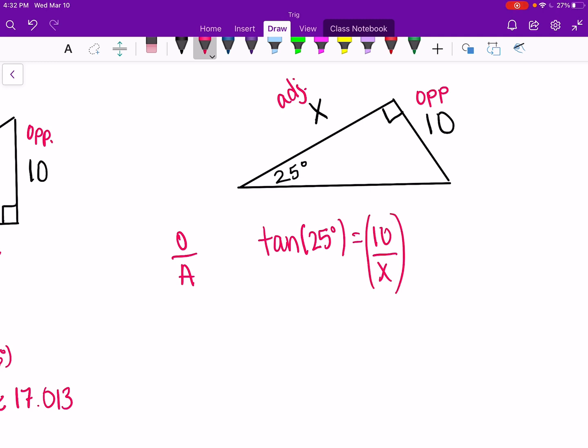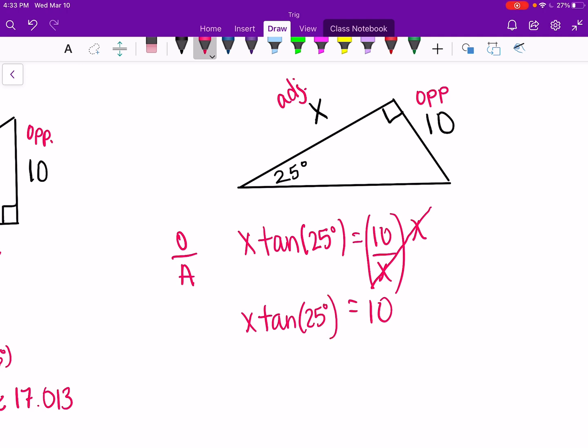Again, to get rid of the x in my denominator, I need to multiply by x on both sides. X over x becomes a 1. So we have a 10 over here, and x times tangent of 25 degrees on the left side.